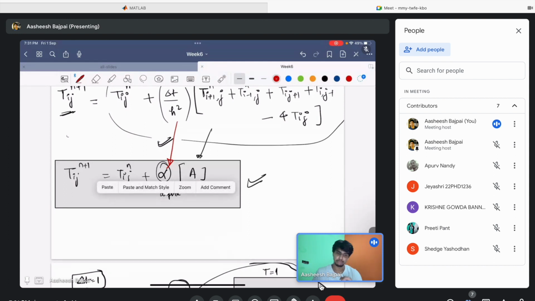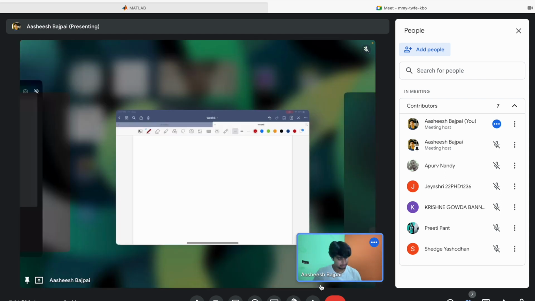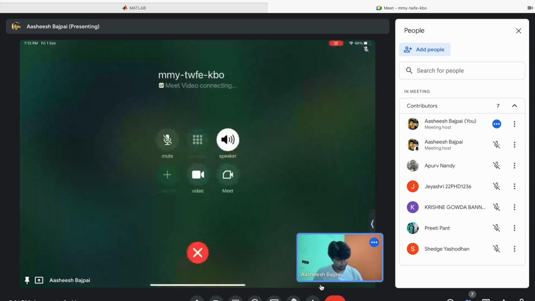Let's see what we will get at last. I will write a code similar to the previous code, but with a little tweak, which will change the entire solution, and that you will use for your unsteady kind of problem. So let me share my screen for code.